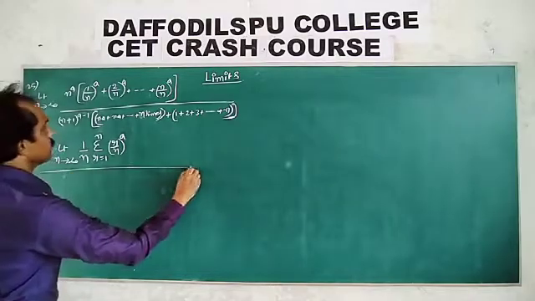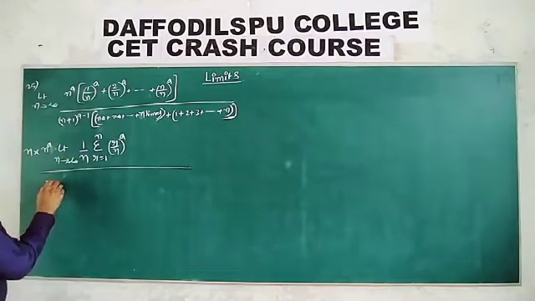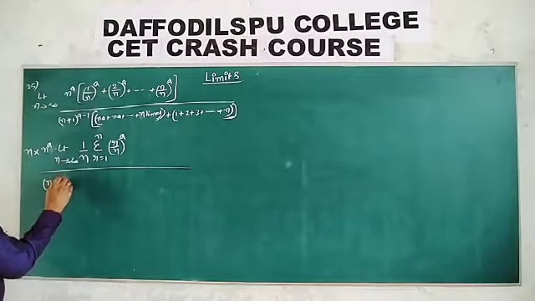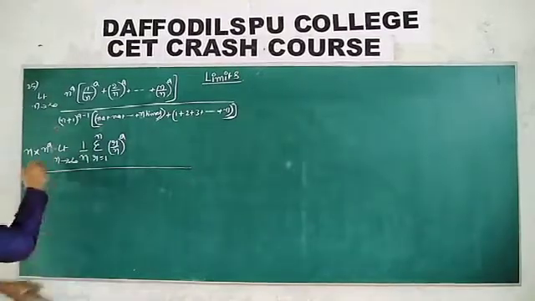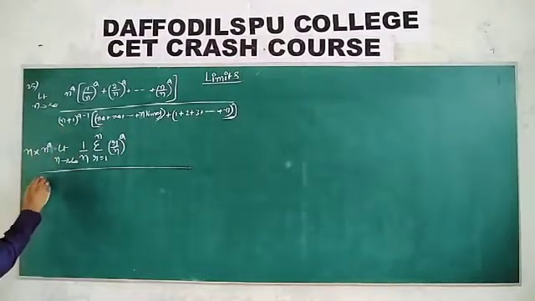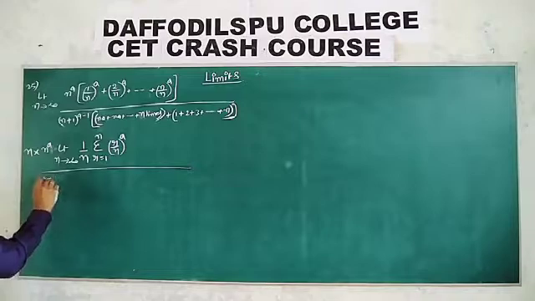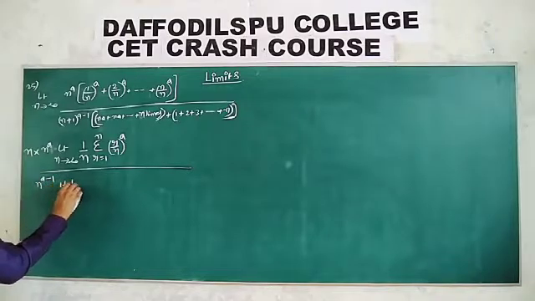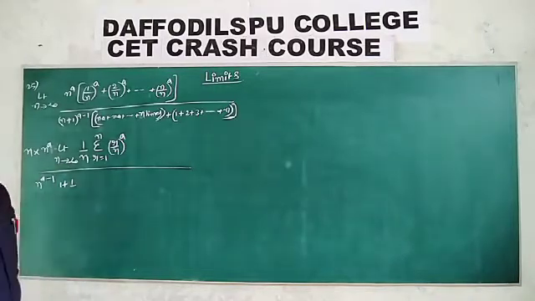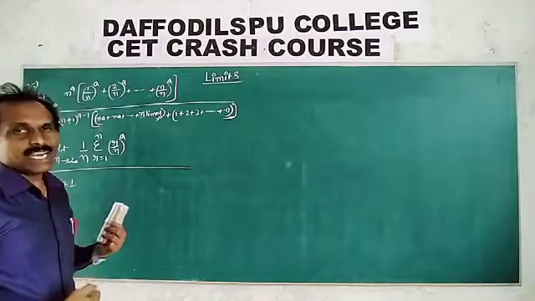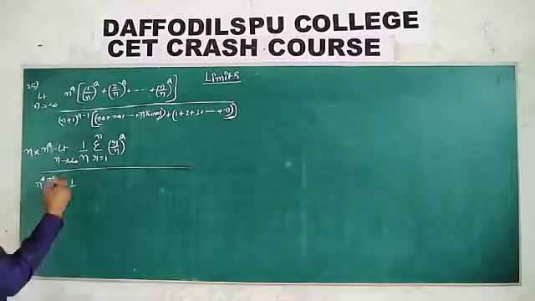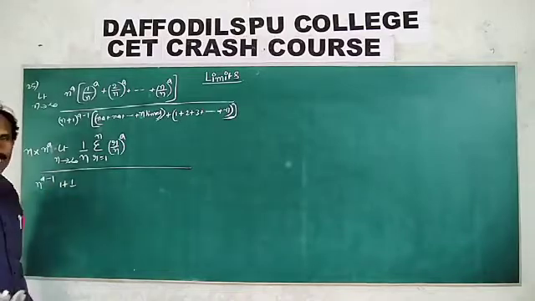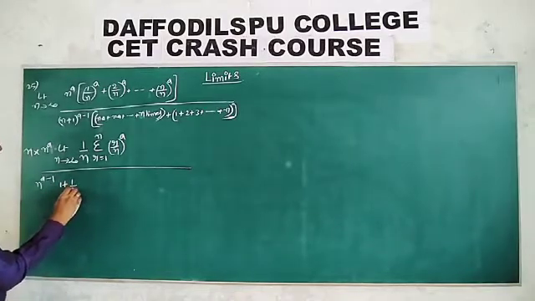So in the denominator, take common n, n^(a-1), because n tends to infinity, so taking common makes 1 by that value tend to 0. Problems are like that.